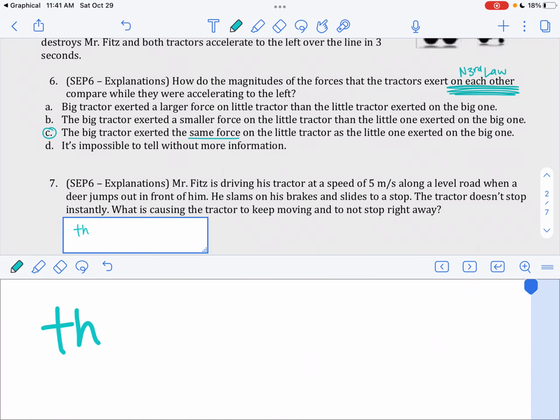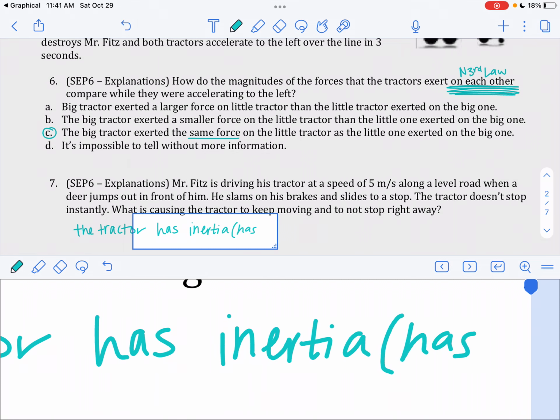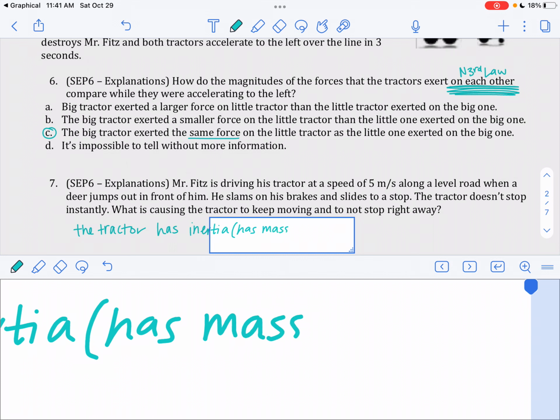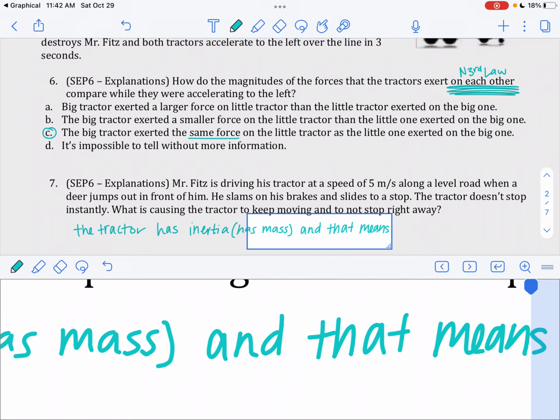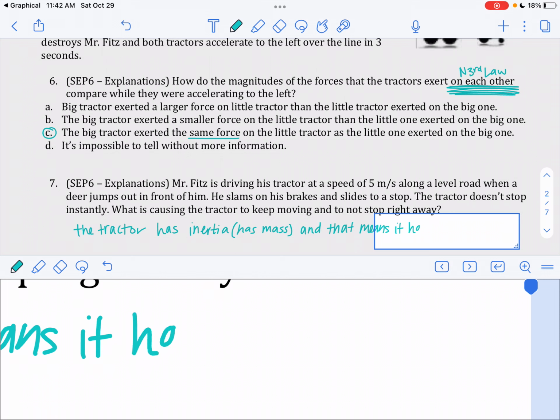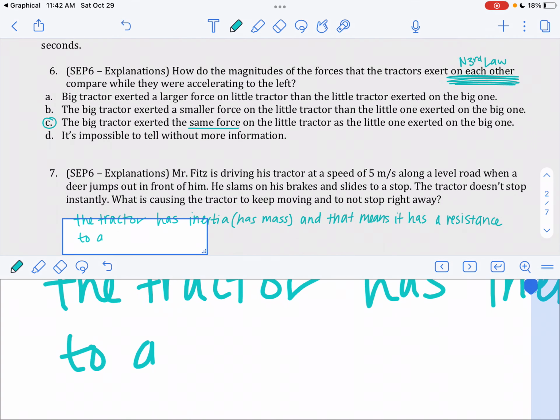Well, the tractor has inertia because it has mass. And that means it has a resistance to accelerate.